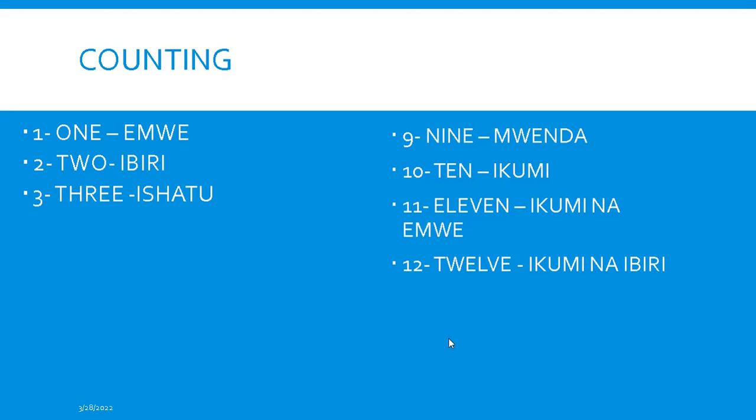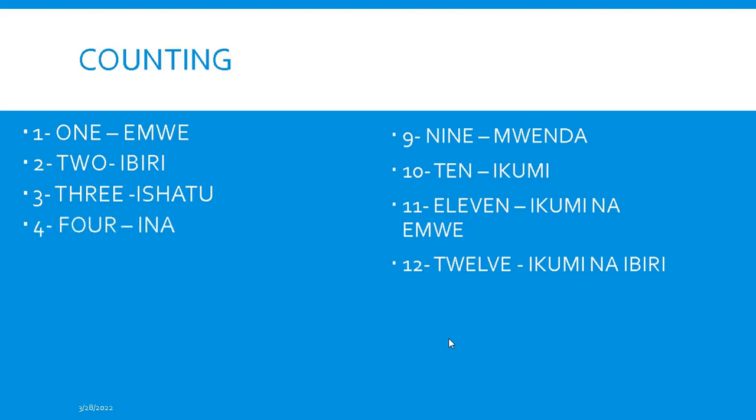You know cows? Cow in Runyankole is called ente. So if I have 1 cow, I say ente emwe. If there are 2, ente ibiri. If there are 3, ente ishatu.